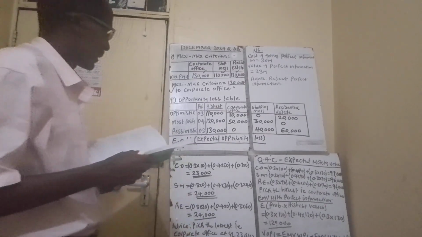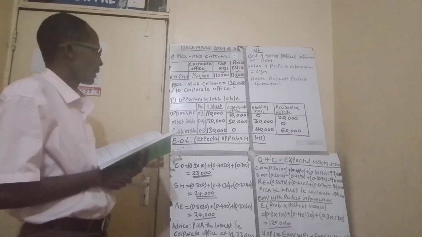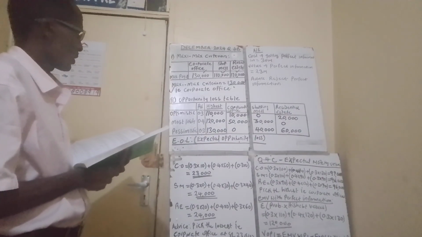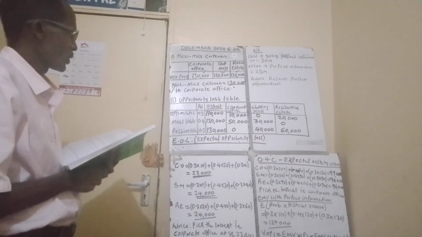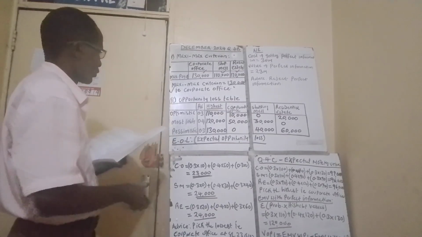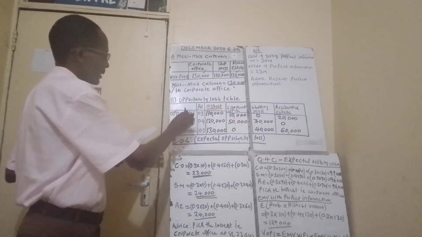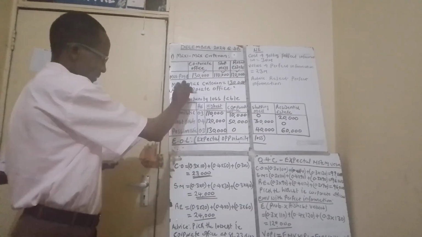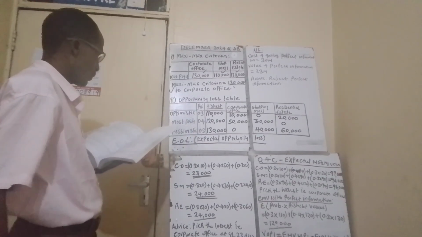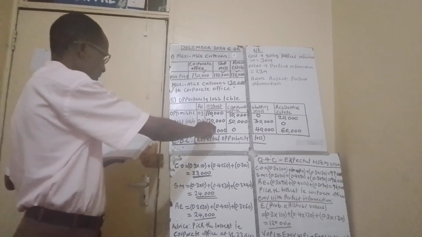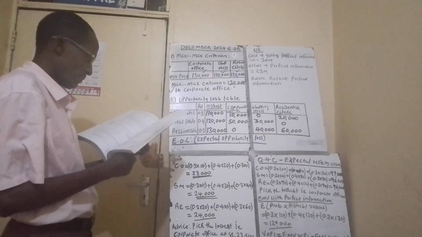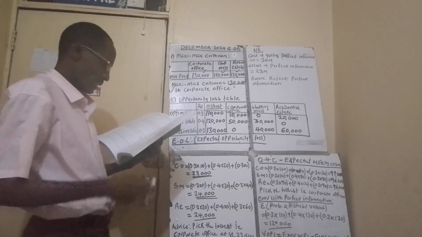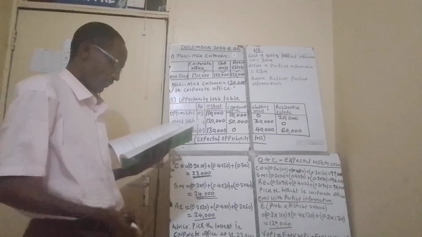Now, we did that one again yesterday. If you are using expected opportunity loss, you prepare an opportunity loss table. You have optimistic, most likely, and pessimistic, just the way they appear in our question. Then our probabilities, just as they are given, 30%, 40%, and 30%.